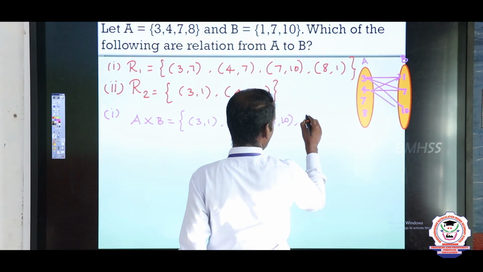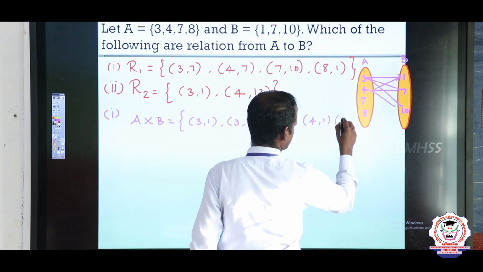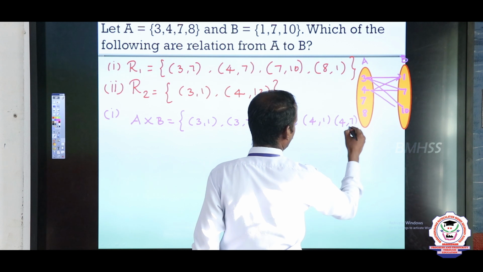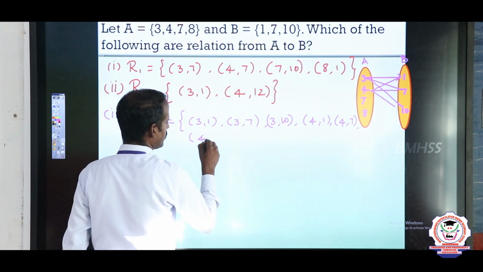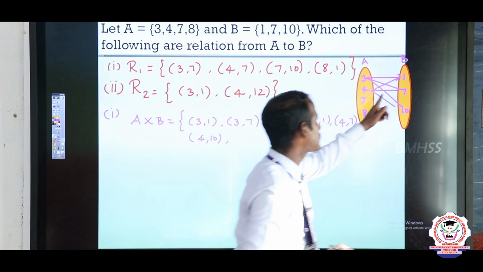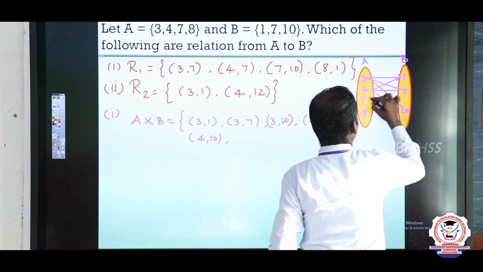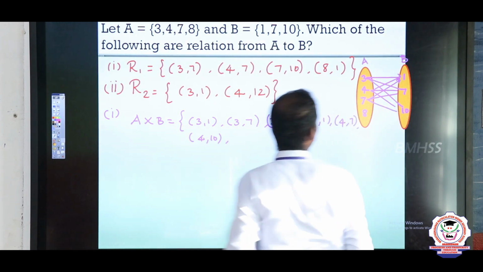The next possibility is 7 relates to 1, so (7, 1), (7, 7), (7, 10).